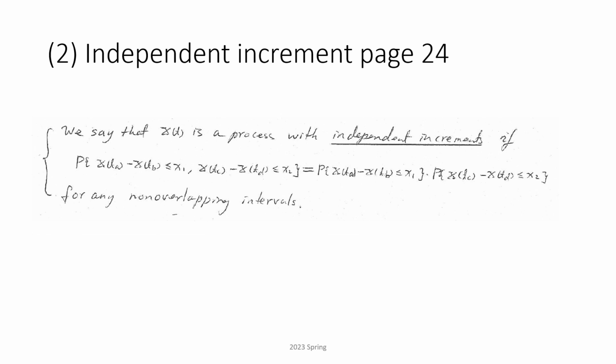The second one is independent increment process. It could be found on page 24. So the definition of this one is the probability of X(ta) minus X(tb) is less than or equal to x1 and X(tc) minus X(td) is less than or equal to x2 equals the probability of X(ta) minus X(tb) less than or equal to x1 times the probability of X(tc) minus X(td) less than or equal to x2.